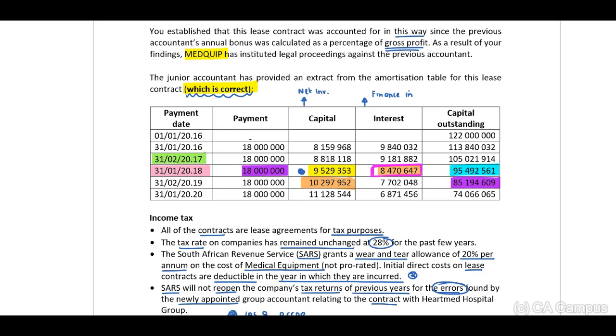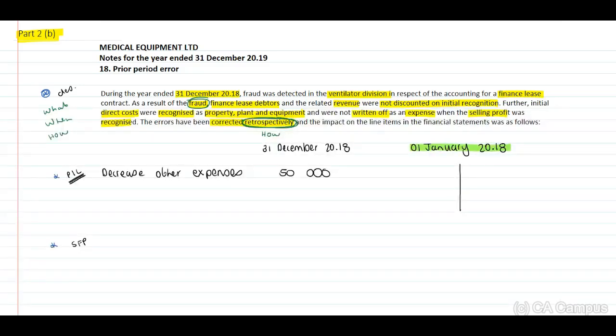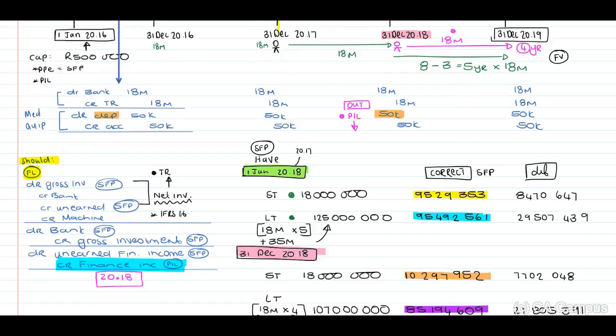Okay, therefore, in our note, this will be an increase in our finance income to the value of 8470647. Okay, now when we look at our workings, guys, I'm not able to identify any other amounts that should be included in my profit and loss.